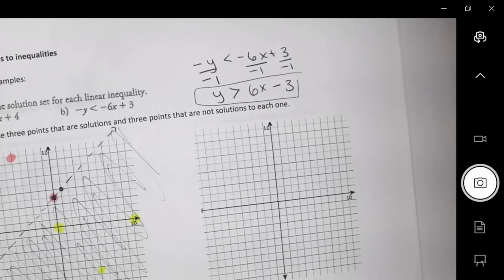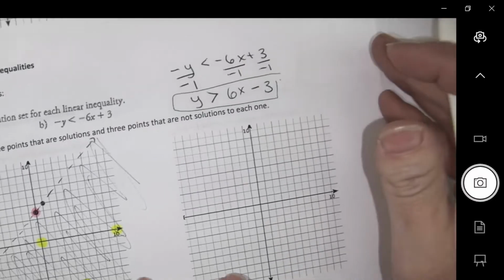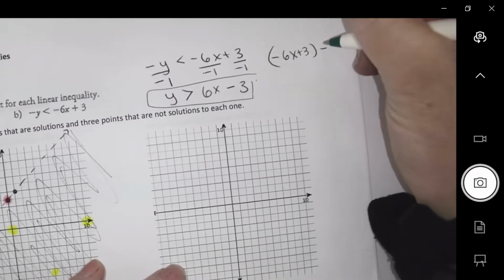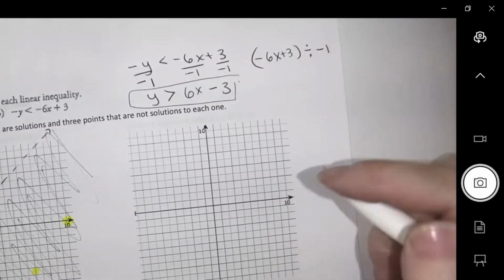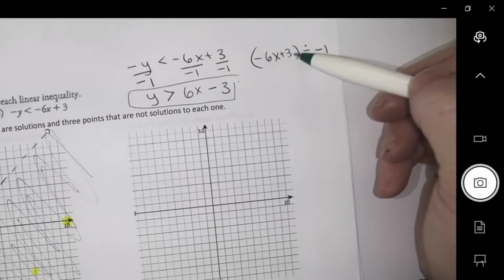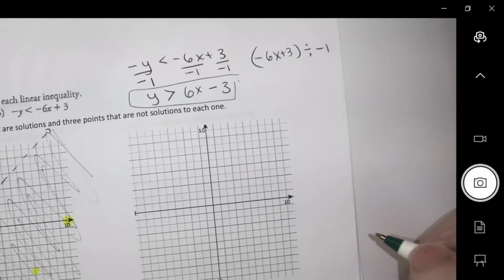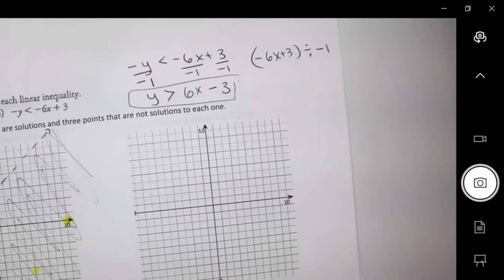Okay, once I have y alone, that's what I can do. If you did not like this algebra step, you could have just taken your original. You could do this as well. If you don't like physically doing that, you can let your calculator do it for you. Okay, so show me what that will look like with your calculator.